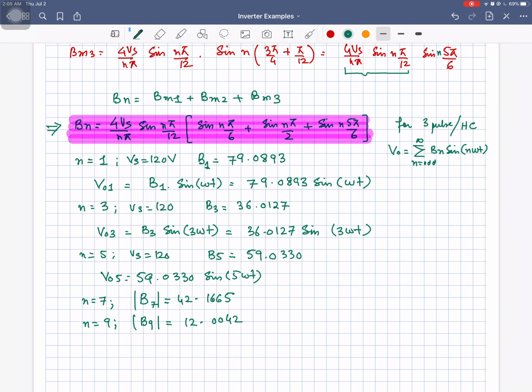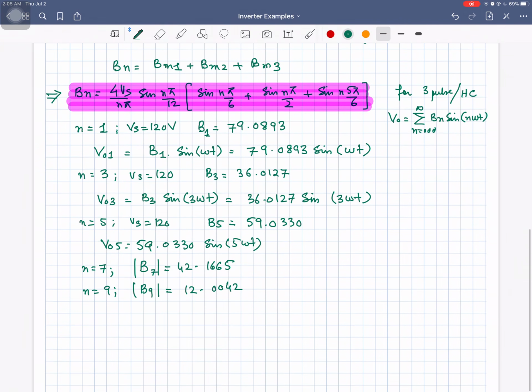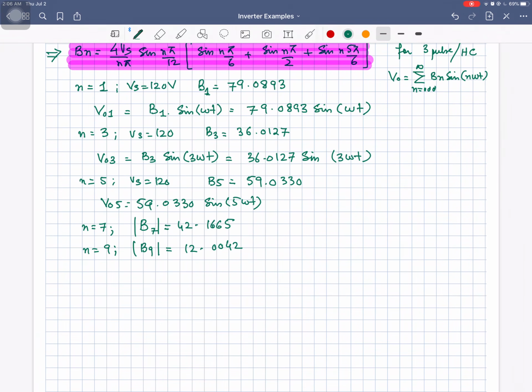Okay, so once you calculate all of these, you can find out the fundamental component, you can find out the third harmonic and so on, and then you can calculate the THD in the voltage waveform with the help of this expression.